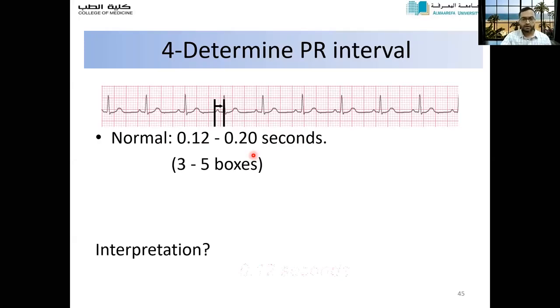And the value we are getting here is 3 small squares, so it is 0.12 seconds. How to convert it? You know that each small square is 0.04 second. So we are getting 3 small squares multiplied by 0.04, so it is 0.12 seconds.